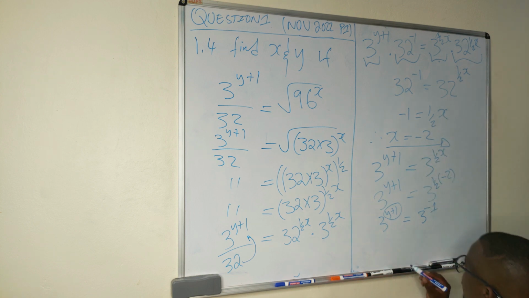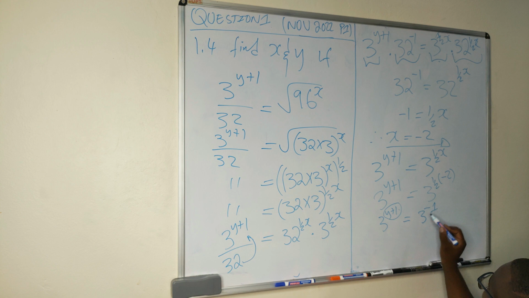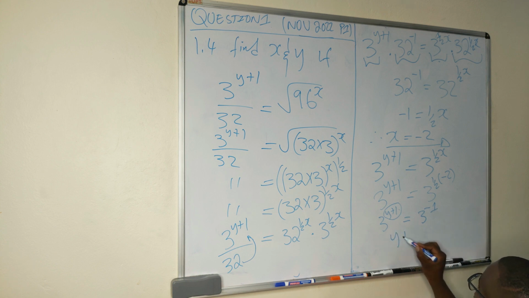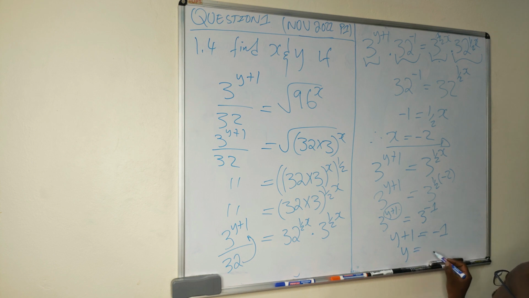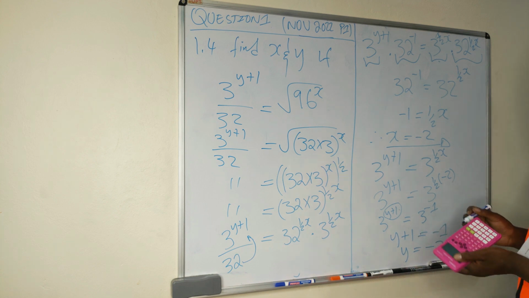So y plus 1 should be the same as minus 1, which means your y is equal to minus 2, because you're going to transpose this to that side. So your x and y values are minus 2 and minus 2. Those are the x and y values.